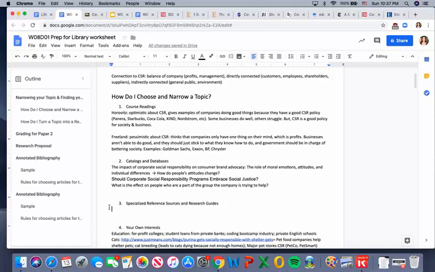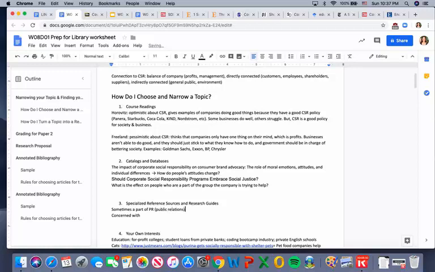We've got this idea that it's sometimes a part of PR, concerned with public relations, like the image that they're putting out there and what they want people to think of them. Concerned with ethics, operating legally, and what were the other ones?